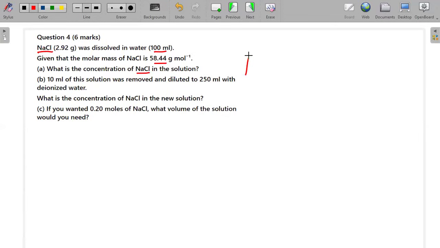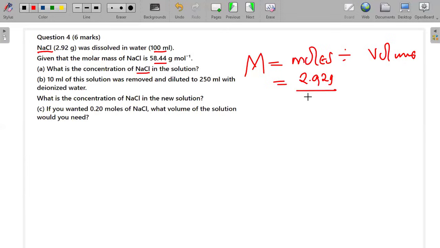So we are finding the molarity. So it will be moles divided by the volume, and the volume has to be in liters. So the moles is just the mass, 2.92 grams, divided by the molar mass, which is 58.44 grams per mole.